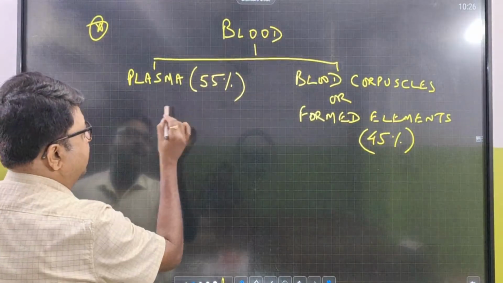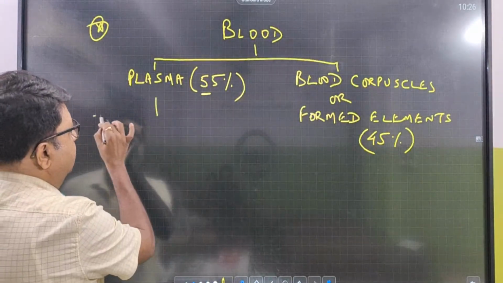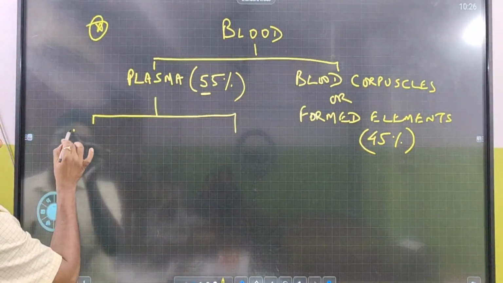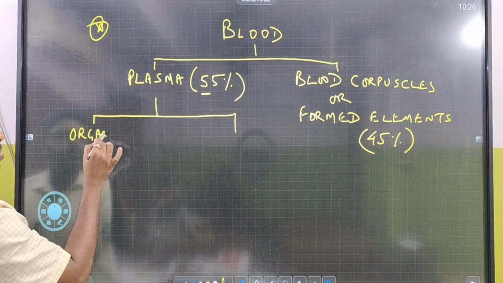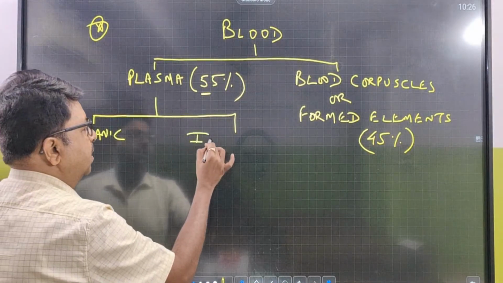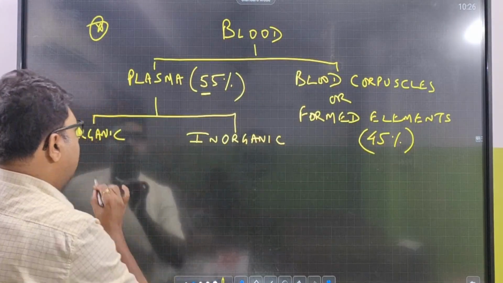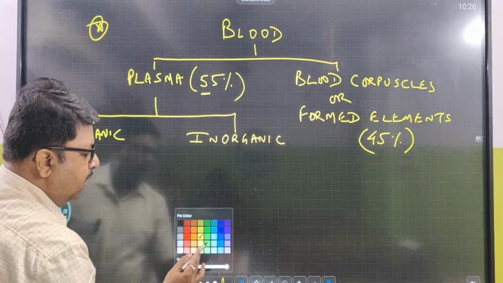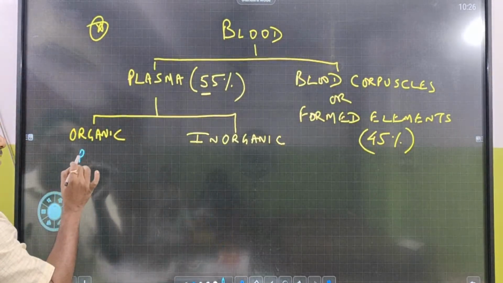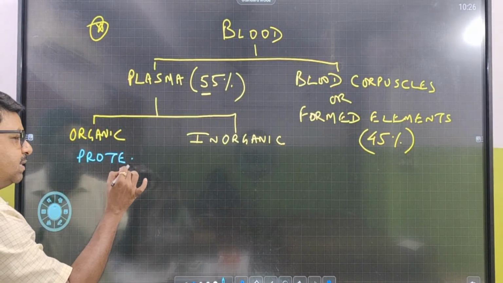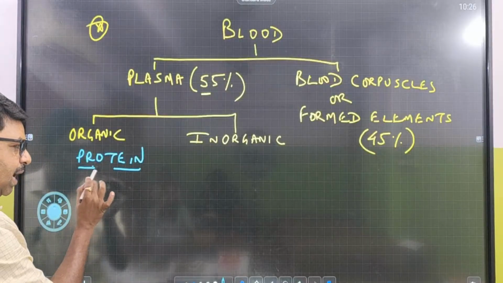Now, when we talk about plasma, we can classify plasma into two. One is the organic portion and the other is the inorganic portion. The organic portion contains mainly proteins. And what are the proteins?